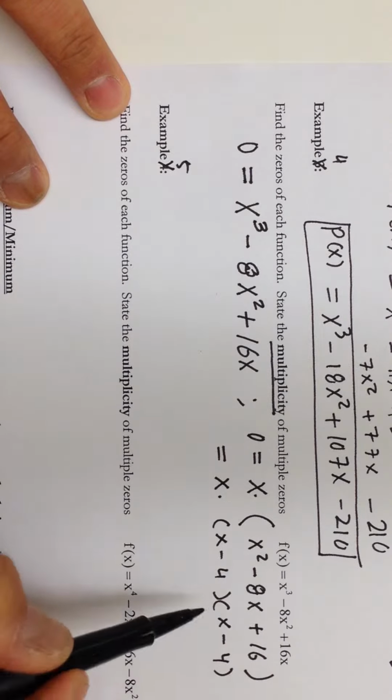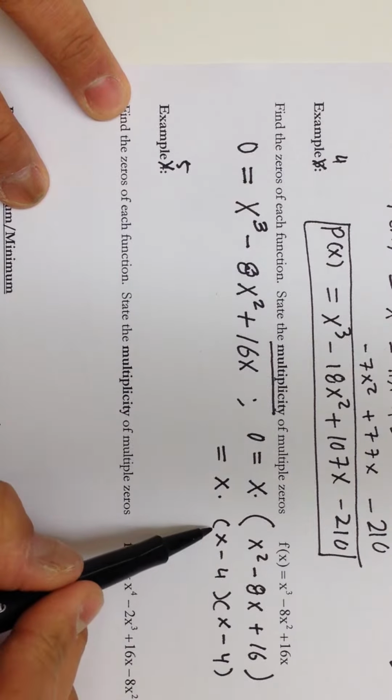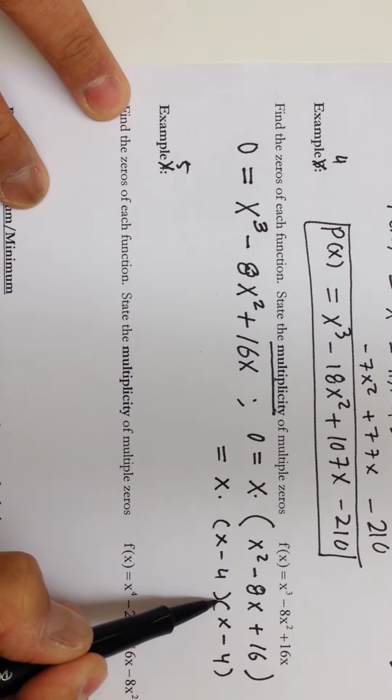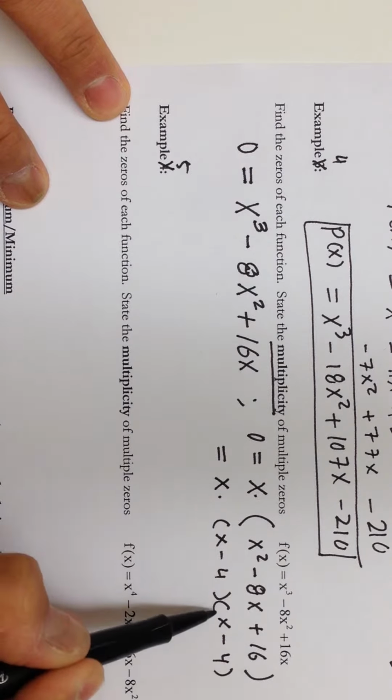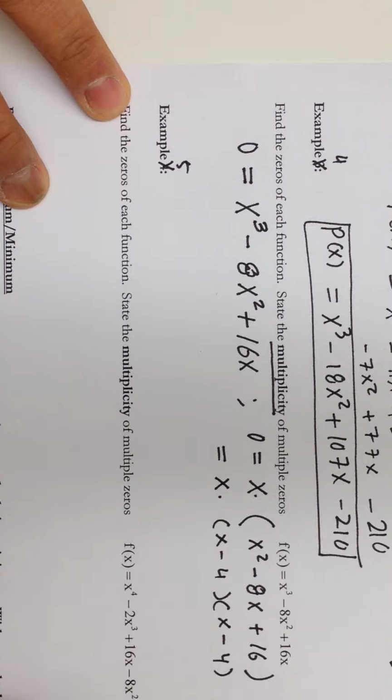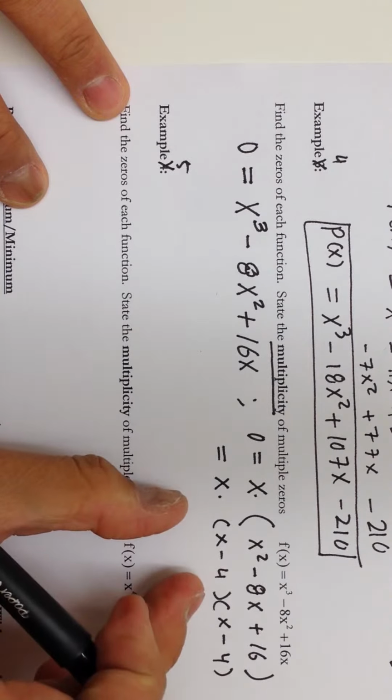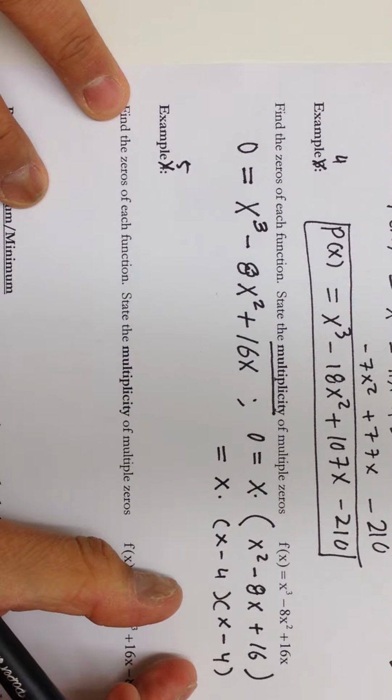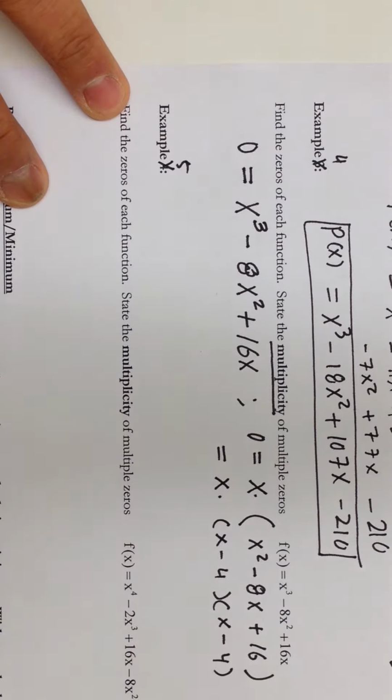All right. Now, because there are two identical binomials, x minus 4 and x minus 4, we say that the solution 4, or the zero of 4, or the root of 4, has a multiplicity of 2, because there are two identical binomials. And that's what multiplicity means.